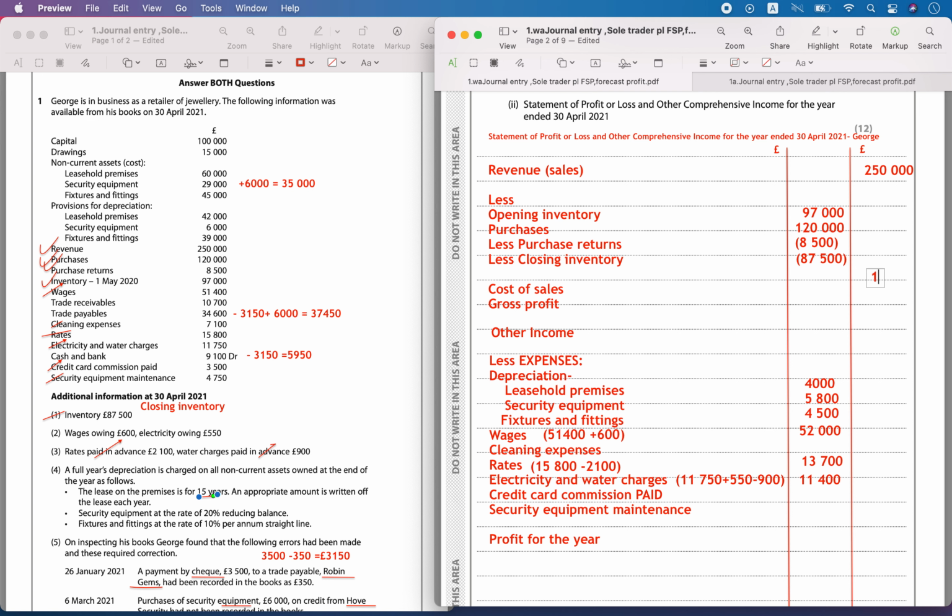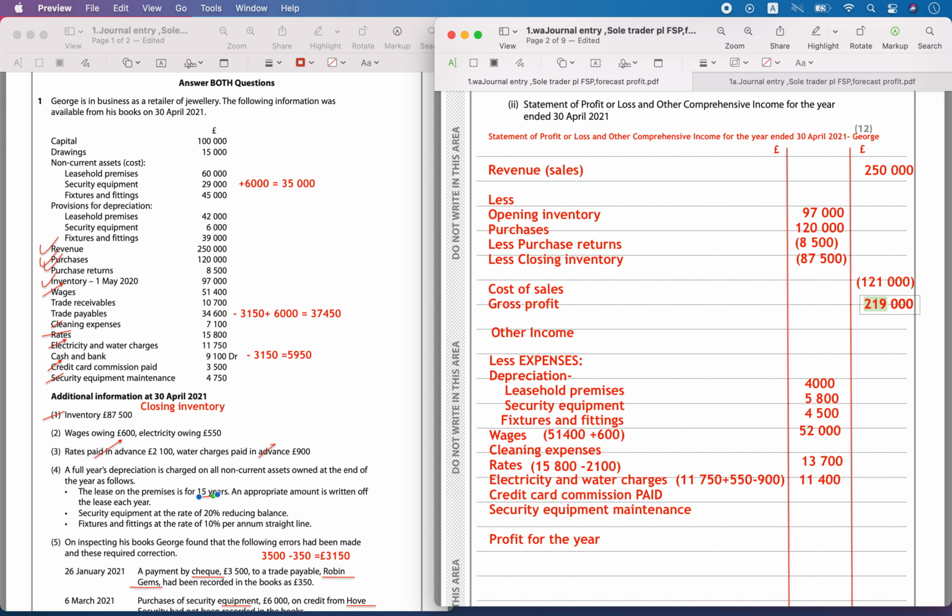This has to be subtracted from the revenue and we will get the gross profit. So the gross profit value is 250,000 minus 121,000, that is 129,000.